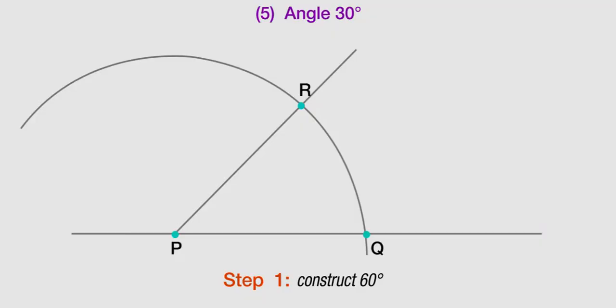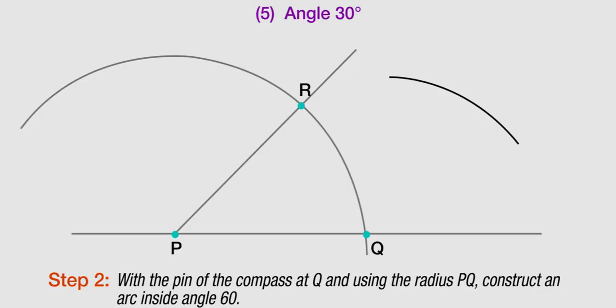Now let us see how we can construct the angle 30 degrees. You remember what we did with angle 90 degrees to get 45 degrees. We are going to do the same thing to 60 to get 30 degrees. So first we will construct the angle 60 degrees. Now step 2, with the compass point at Q and using the radius PQ, construct an arc inside angle 60 degrees.